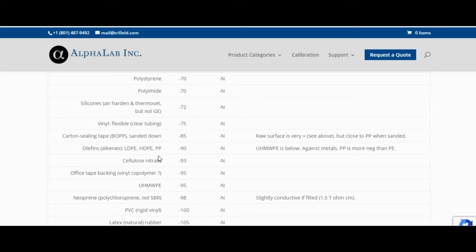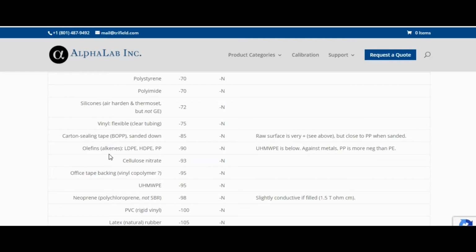What I needed next was to find the material which was used to make the rubber tubing to transport the fuel from the fuel tanker to the aeroplane. Now that rubber tubing is usually made up of something which is called neoprene. That is what synthetic rubber tubing is made up of.